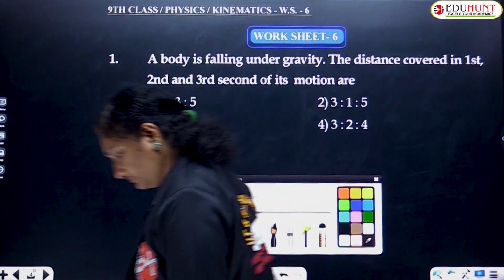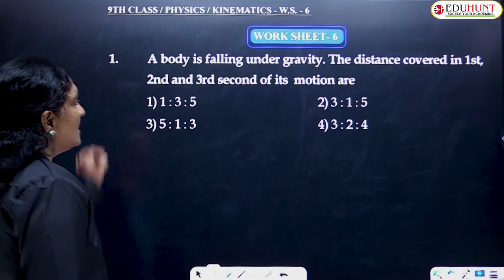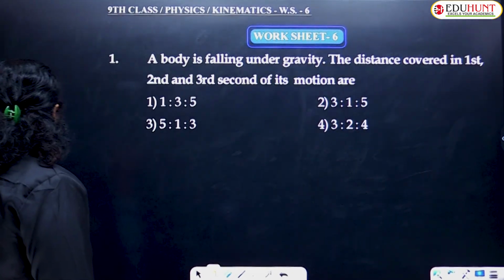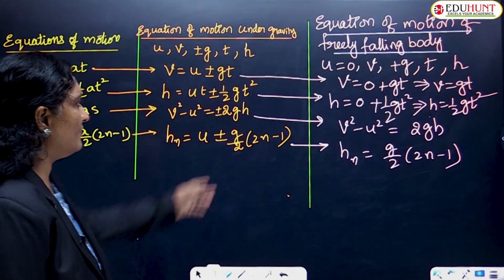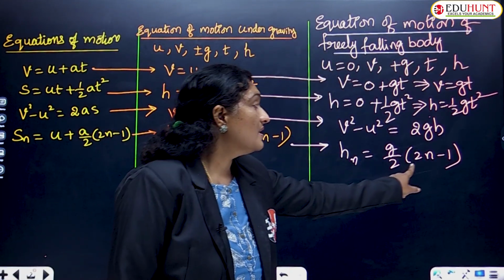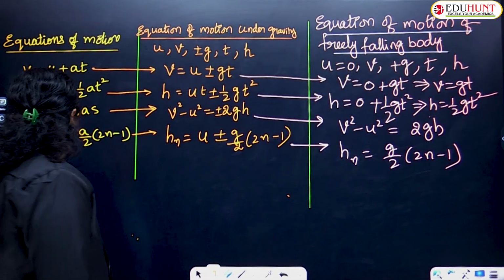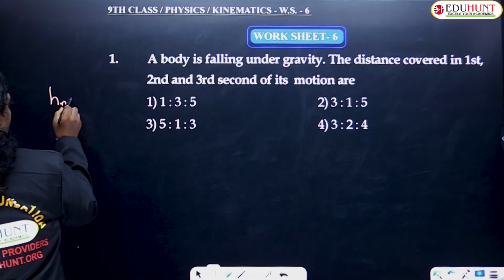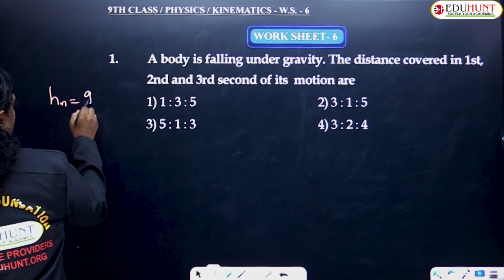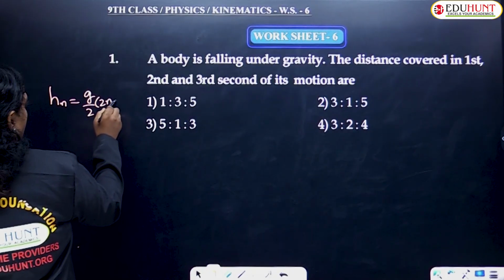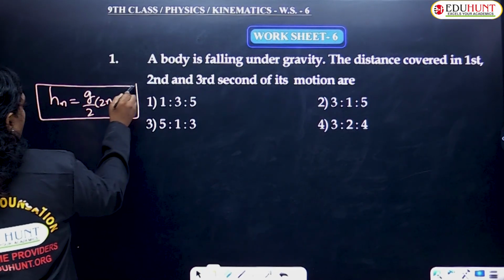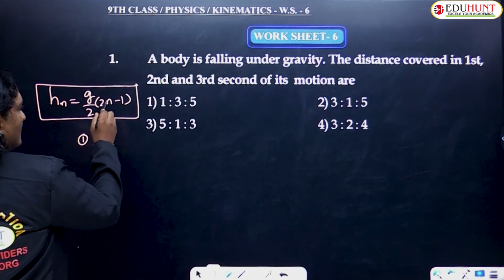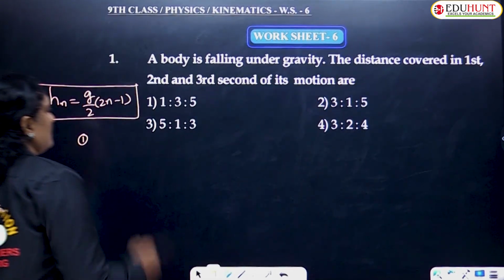So based on that, substitute: the first body takes 3 seconds, whereas the second body takes 2 seconds, because it was already given 2 seconds after the release of the second body. If the second body took 2 seconds, the first body would definitely take 3 seconds. So based on that, let us find the distance traveled by the first body.